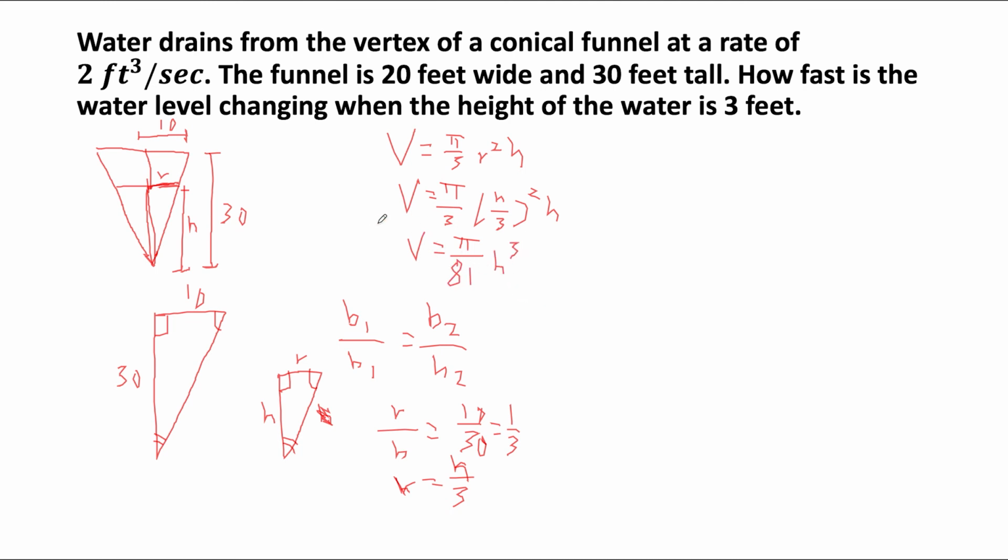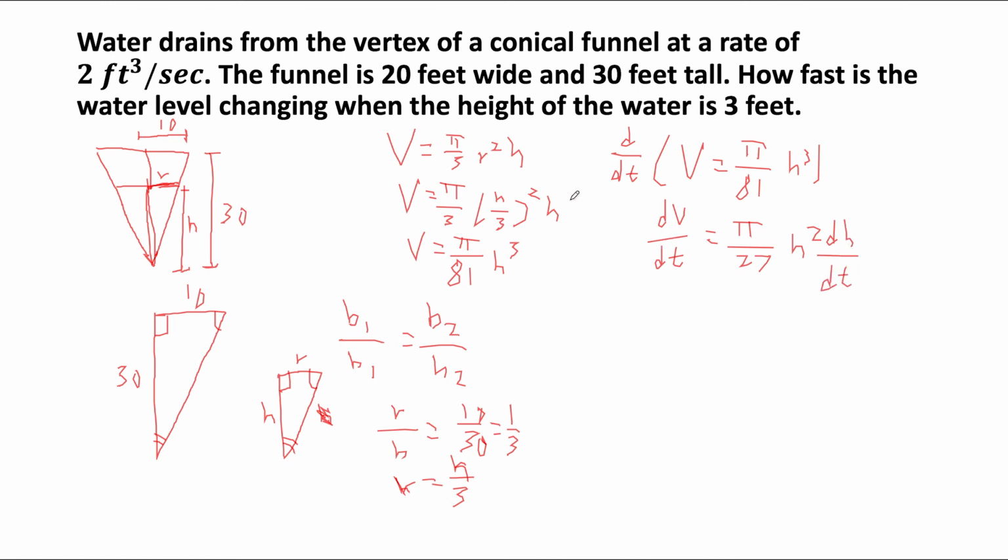And now we finally have an equation with only two variables that we can take the derivative of with respect to time. So let's do that. d/dt of V equals pi over 81 h cubed is just dV/dt equals pi over 27 h squared, dh/dt, of course.